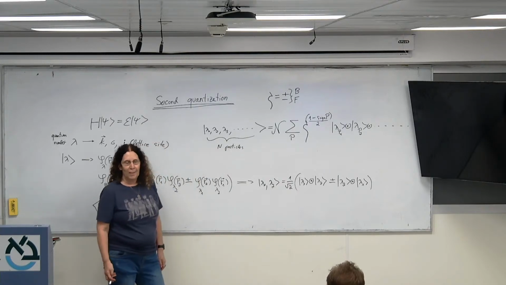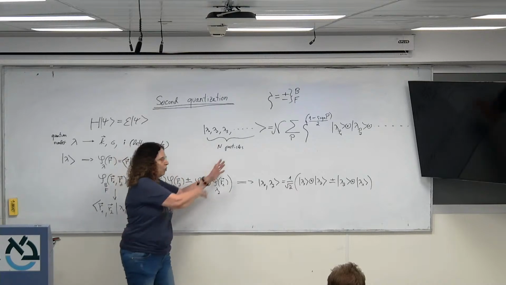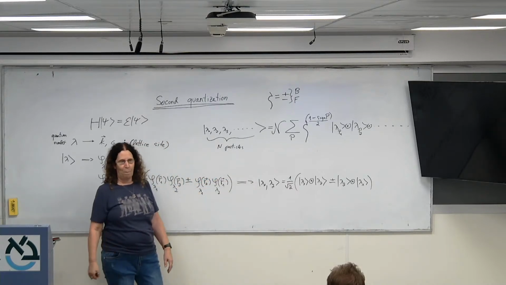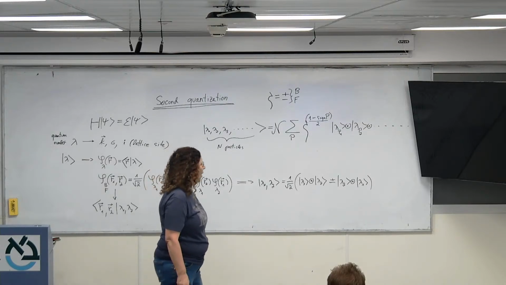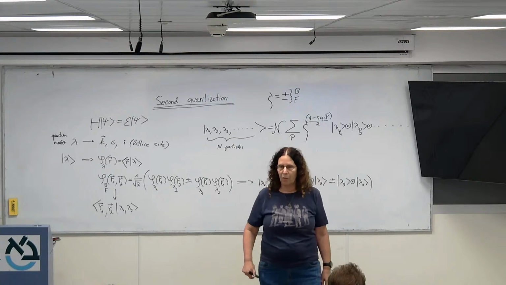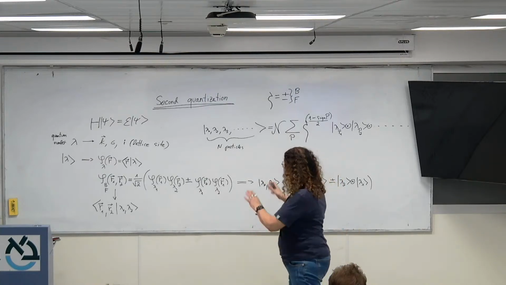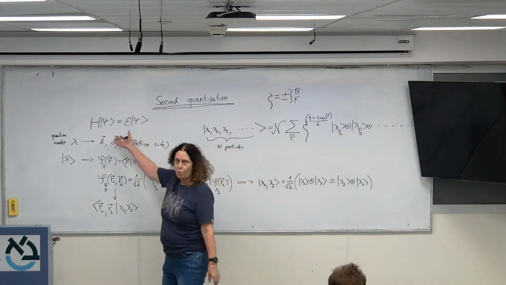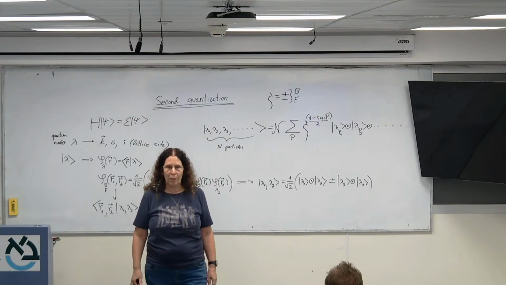So what I'm trying to convey here, so of course we're not going to use any of this. I just want to mention it because it suggests that just doing first quantization, writing wave functions and plugging into the Schrödinger equation is not going to lead us anywhere, okay?